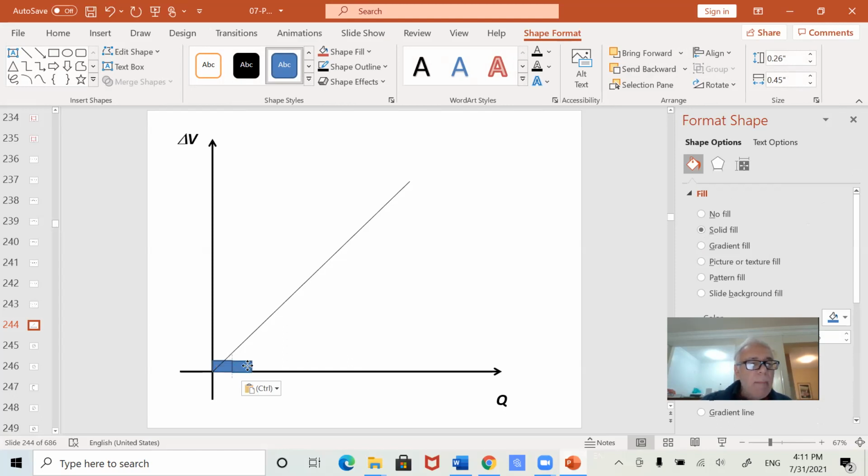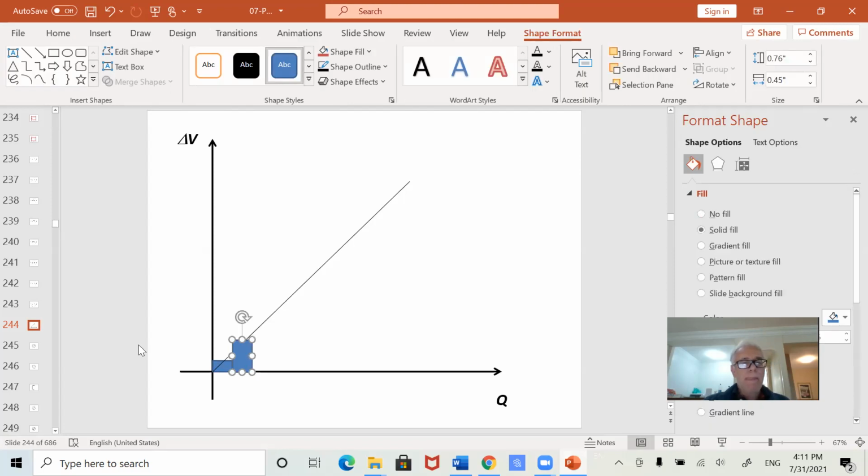In the next step, I'm going to get a little bit more charge, almost the same amount, and the electric potential is going to be built up to a higher value.